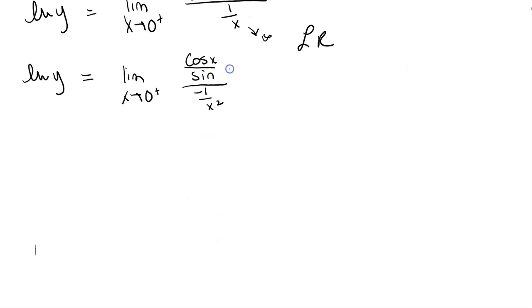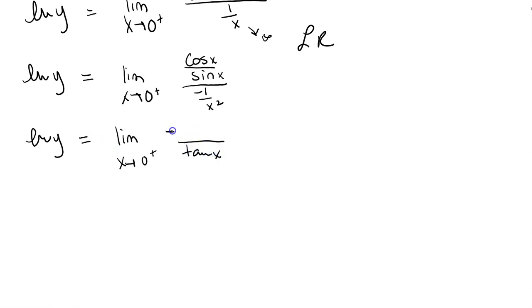Okay, so now from here, I'm going to do a little bit of tricky algebra and a little bit of trig. I know that cosine of x over sine of x is cotangent of x, but instead of writing it as cotangent of x, I'm going to actually write it as 1 over tangent of x. So I will have tangent of x in the denominator.